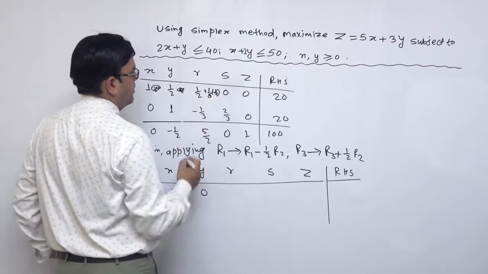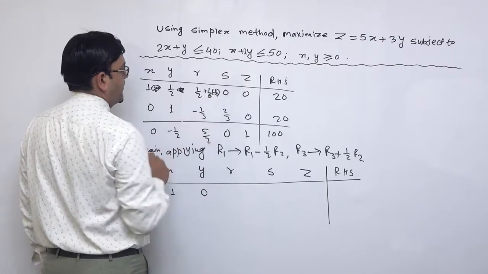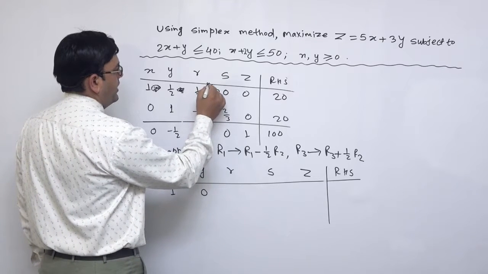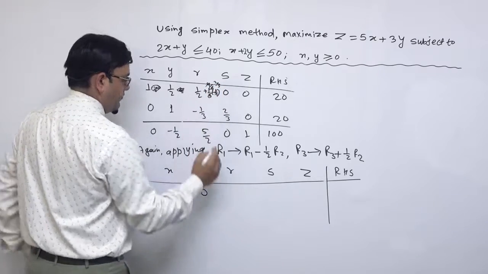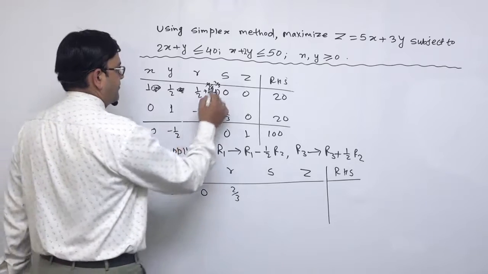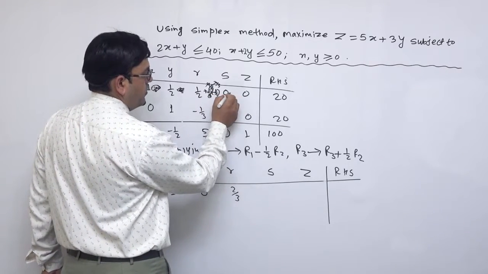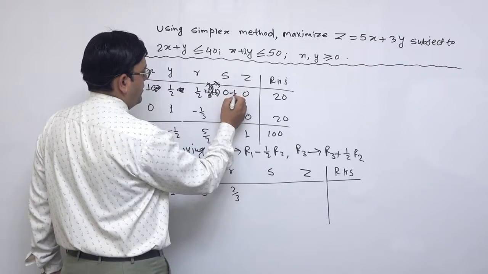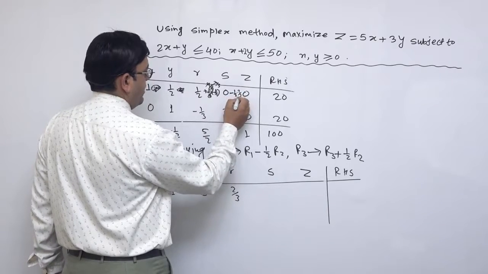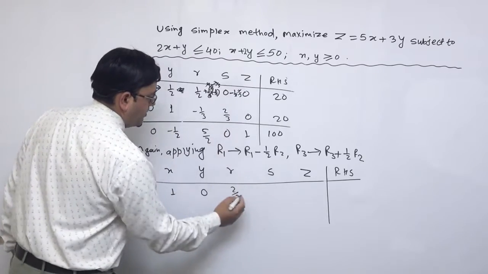So 1/2 plus 1/6, 3 plus 1, 4/6, which is 2/3. Then 0 minus 1/2 times 2/3, the 2 cancels, so 0 minus 1/3 means minus 1/3.